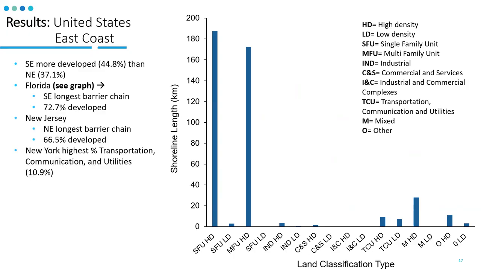In the North, New Jersey is the Northeast's longest barrier chain and it has 66.5% development per barrier. And also notable is that New York contains the highest value of transportation, communication, and utilities in the world. This means that within 300 meters of the shoreline, there were structures associated with highways, airports, or other utilities, such as parking lots right on the beach.